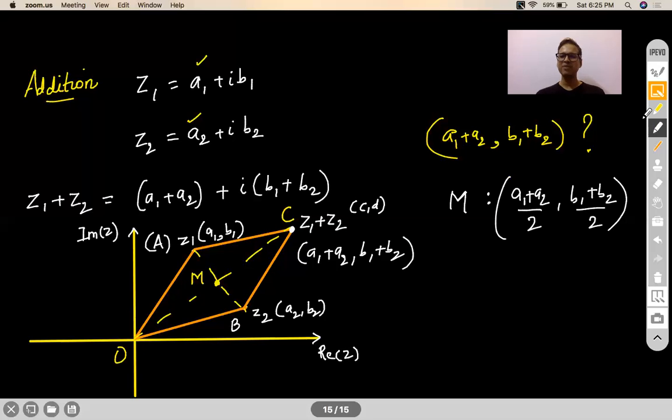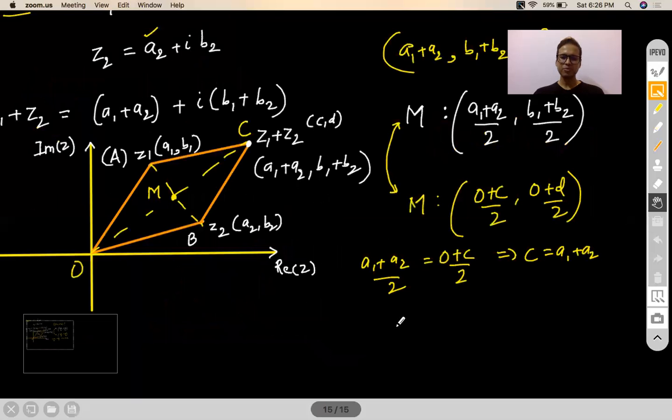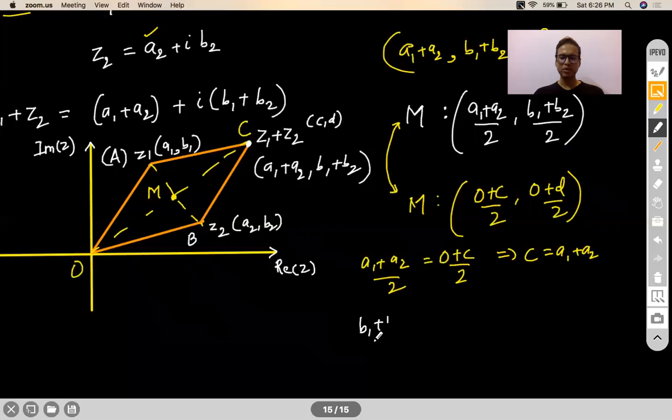So can I say M will also have C plus 0 by 2, comma 0 plus D by 2. Now, since both represent the same point, I can compare the x coordinate with the x coordinate of the other, which clearly gives me C as A1 plus A2. And I can compare the y coordinate with the y coordinate of the other.